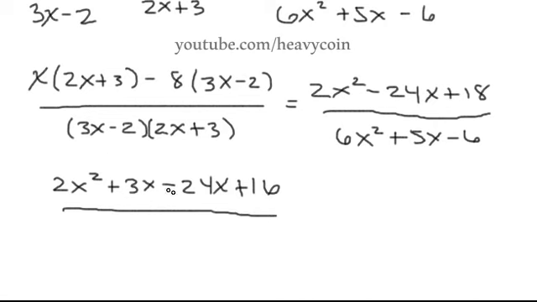And I'm going to go ahead and multiply this stuff here. We have 3x times 2x is 6x squared. 3x times 3 is 9x. Negative 2 times 2x is negative 4x, and negative 2 times 3 is negative 6.